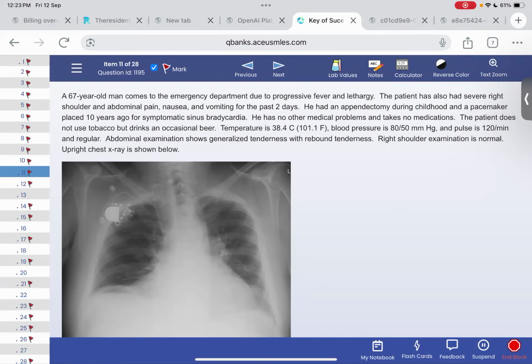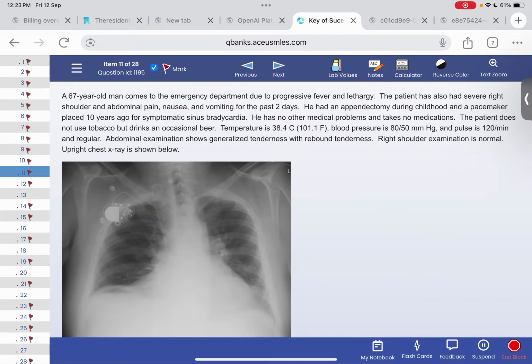The patient does not use tobacco but drinks an occasional beer. Temperature is 38.4 Celsius, blood pressure is 80 over 50, and pulse is 120 per minute and regular. Abdominal examination shows generalized tenderness with rebound tenderness. Right shoulder examination is normal. Upright chest X-ray is shown below.